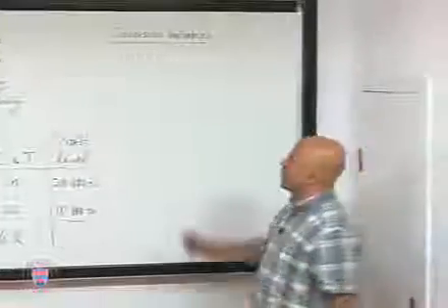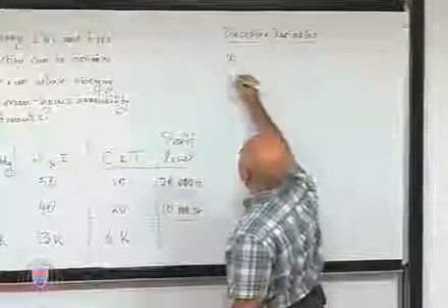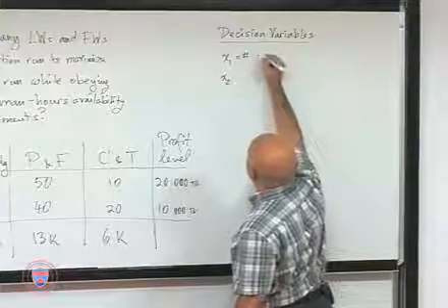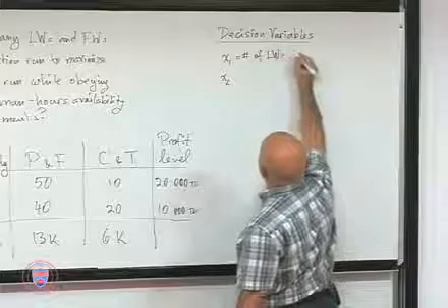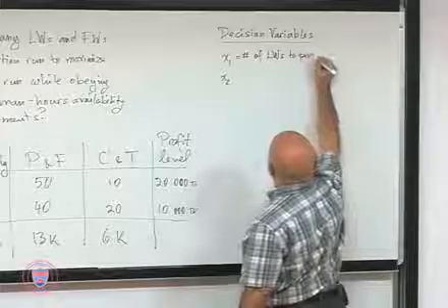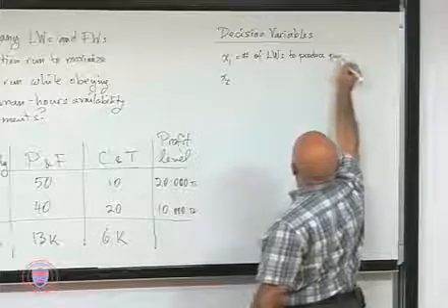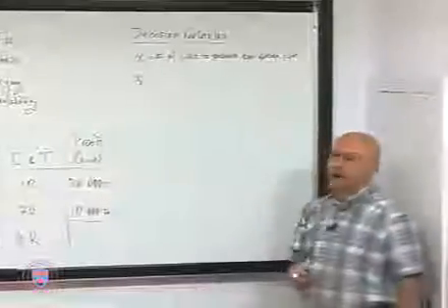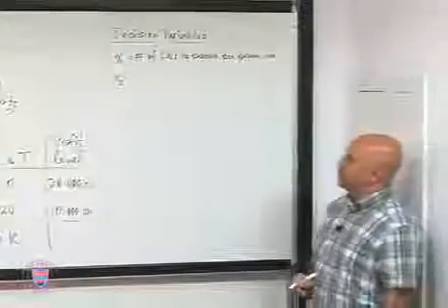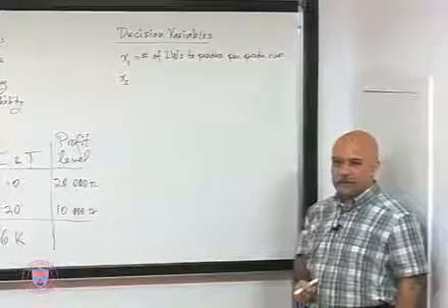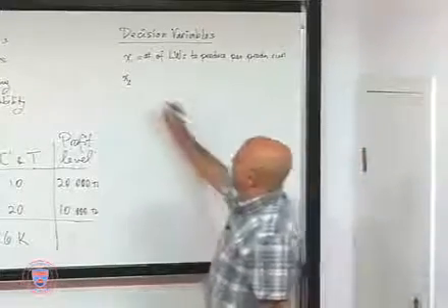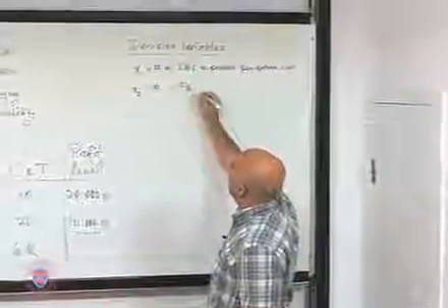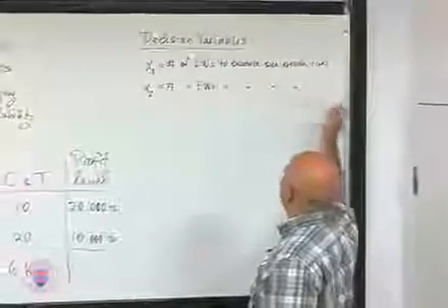The second one is for the second type. So I'm going to use x1 and x2. x1 will stand for the number of Volkswagens to produce per production run. It's unknown, nevertheless. Once you assign a value to x1, it will have become known. Okay? x2 is similar, the number of Volkswagens to produce per production run.